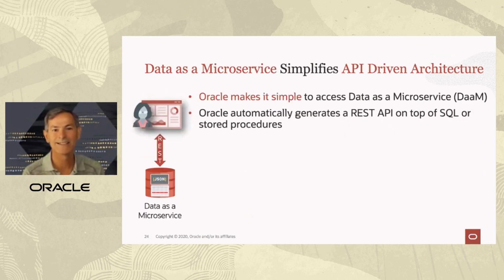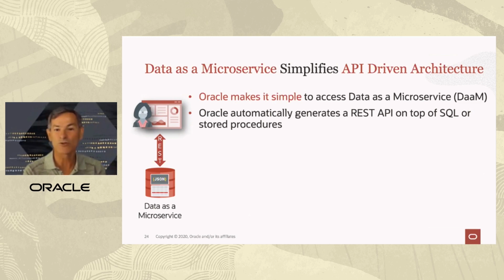Okay, next, let's talk about API-driven architecture. We have in Oracle something called data as a microservice, which allows data to be accessed as if it was a separate microservice to make API-driven architecture much simpler. The way this works is that Oracle automatically generates a REST API on top of either SQL or views or stored procedures.